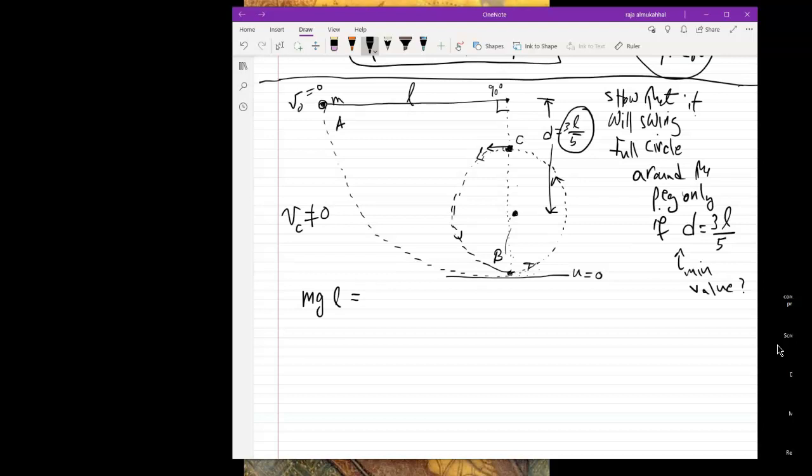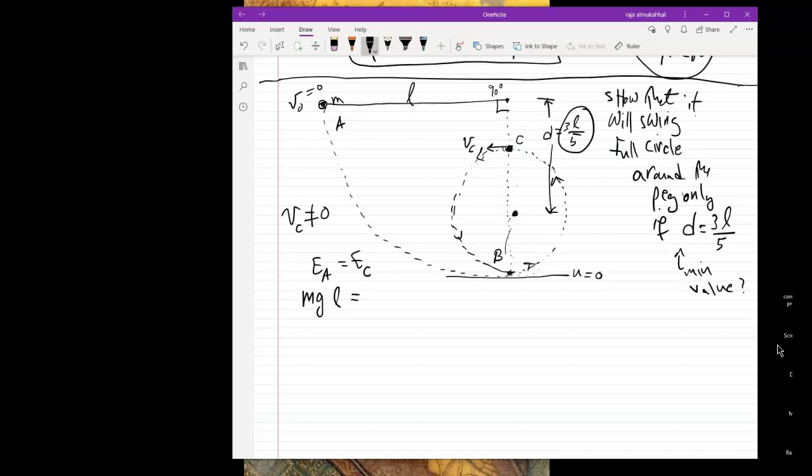It's just going to fall straight down like that. So it has to have a certain minimum velocity V sub C here in order to complete one circle. We have to calculate that V sub C. In other words, at point C, remember this is at A here.